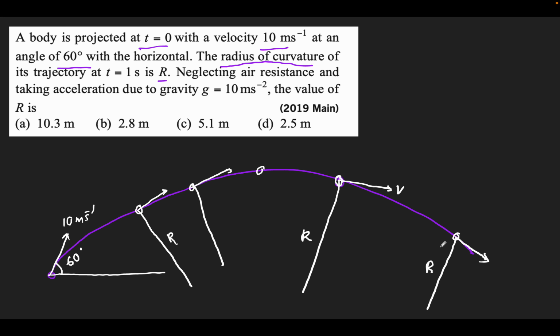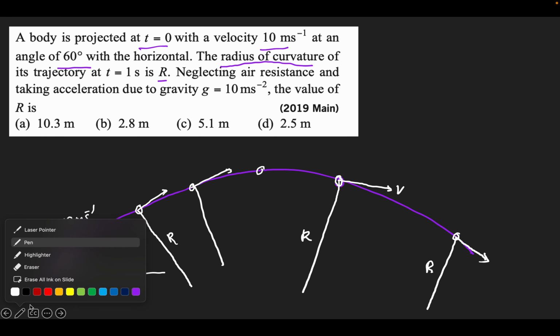But it could be assumed to be part of a circle, and that circle's radius is taken as r. The radius of curvature of its trajectory at t equal to 1 second is r. Remember, at each moment the radius will be different, the center will be different depending on its current position. The next thing is, neglecting air resistance and taking acceleration due to gravity g equal to 10 meter per second square, determine the value of r.